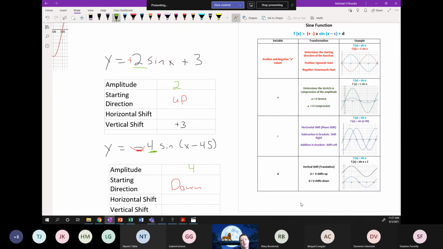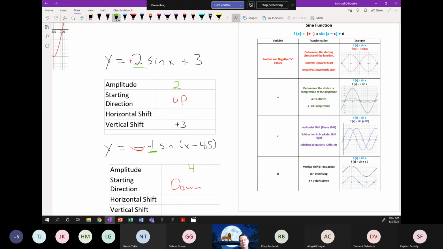Okay, do we have a horizontal shift? What do we think our horizontal shift is if we have one? There is a horizontal shift. We do have something in the brackets, right? We do have something inside the brackets here.